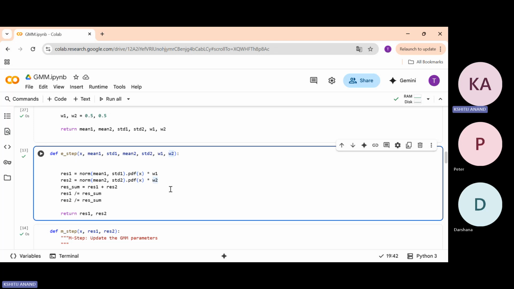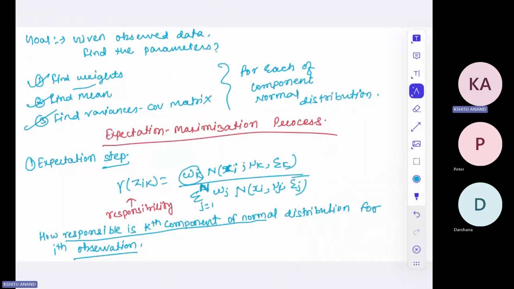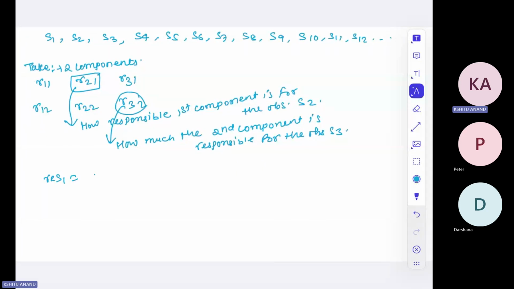If you remember, check res1. What I have written: res1 is weight 1 into n1, divided by weight 1 into n1 plus weight 2 into n2.